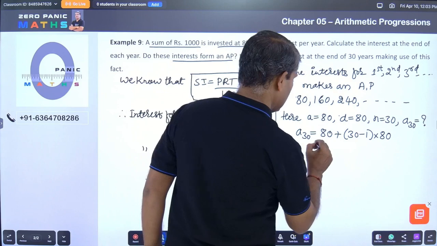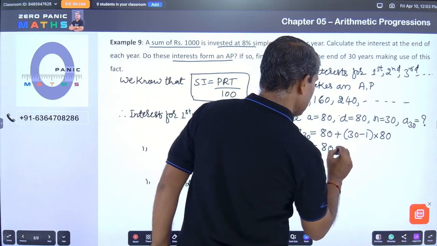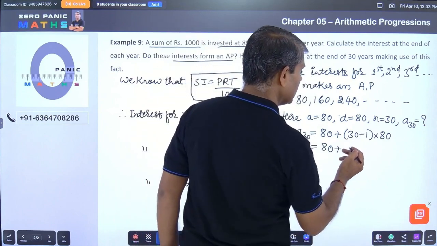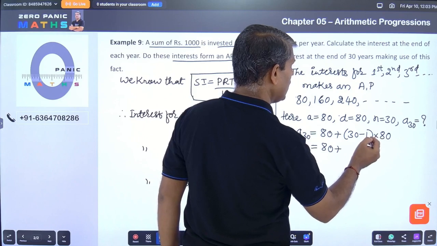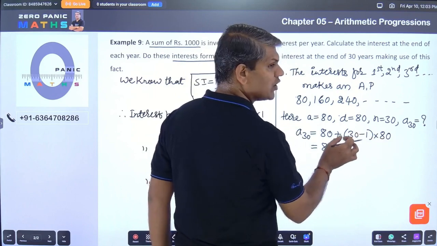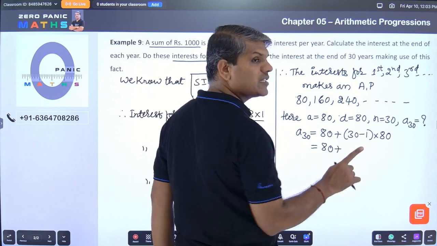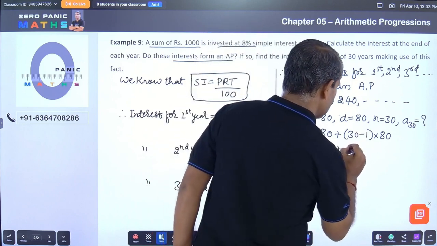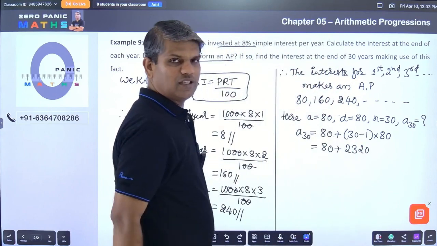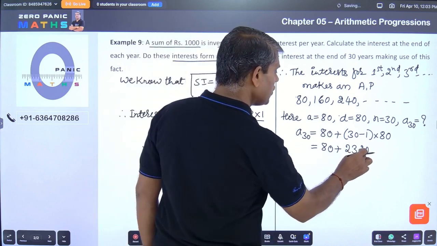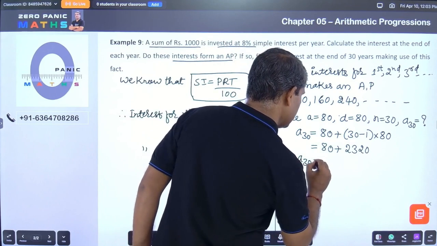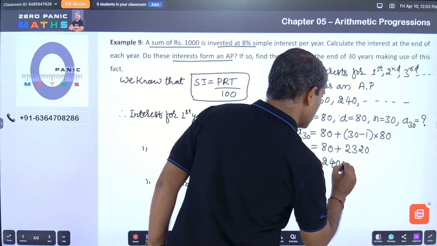So 80 plus 29 into 80. 29 into 80 is 2400 minus 80, because 80 thirties are 2400, minus 80 in that case. So it is 2320. 2320 plus 80 will make it 2400 again. A30 is equal to 2400.